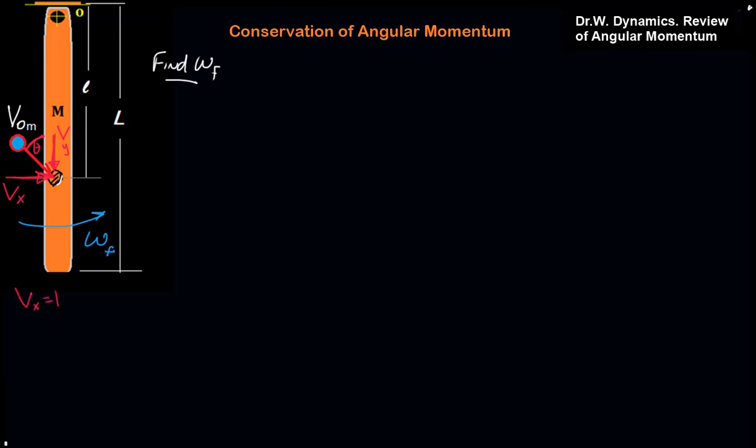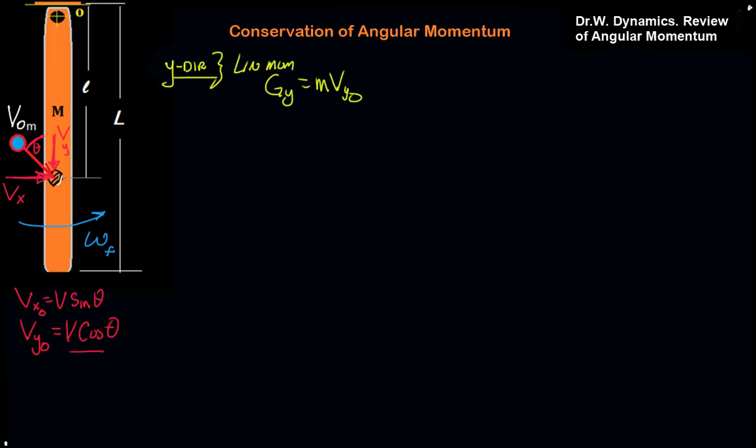So vx will be v sine of theta, and vy will be v cosine of theta. And let's call these sub-zero. They're the initial values. In the y direction, we have no rotational effects, so this is all a linear momentum problem. G_y is mvy0.